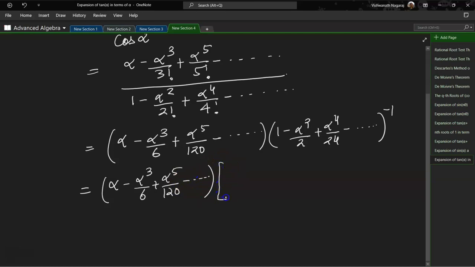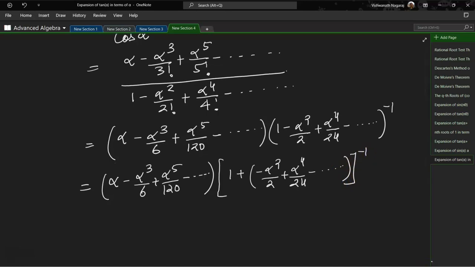Now what we'll do is we will write this as 1 plus, and the rest we take inside a bracket, alpha square by 2 plus alpha 4 by 24 minus dot dot dot, to the power of minus 1. And now we will use the binomial expansion.